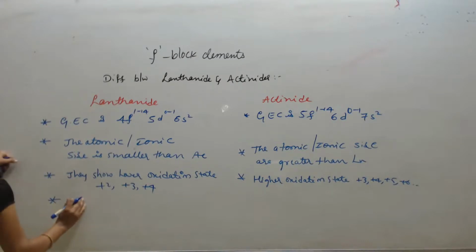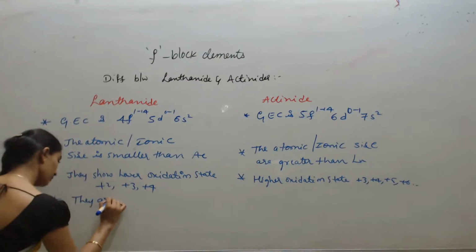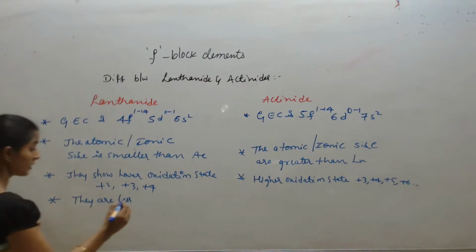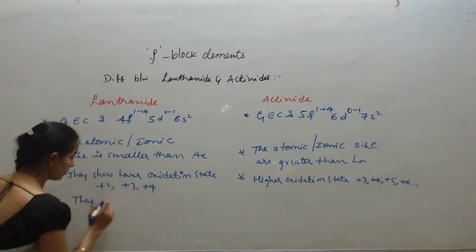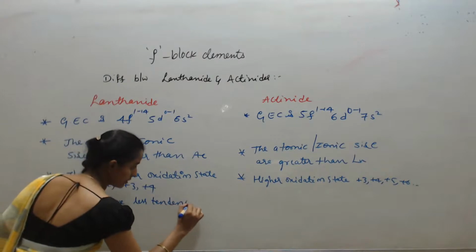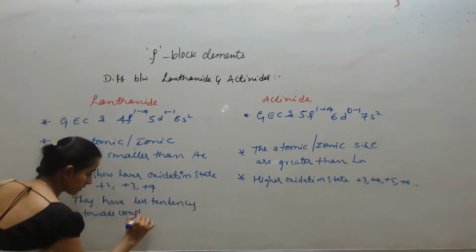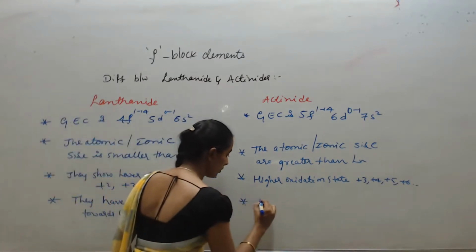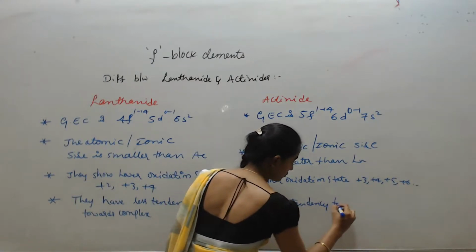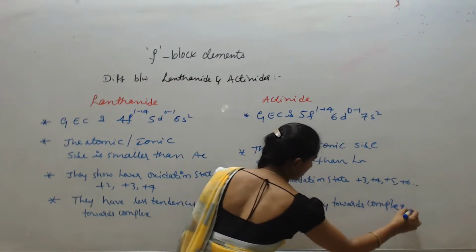Next, lanthanides have less tendency towards complex compounds, and here actinides have high tendency towards complex compounds.